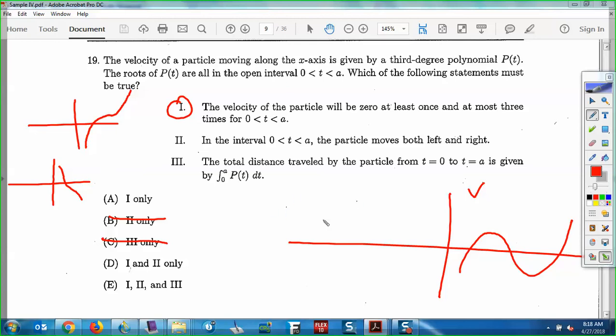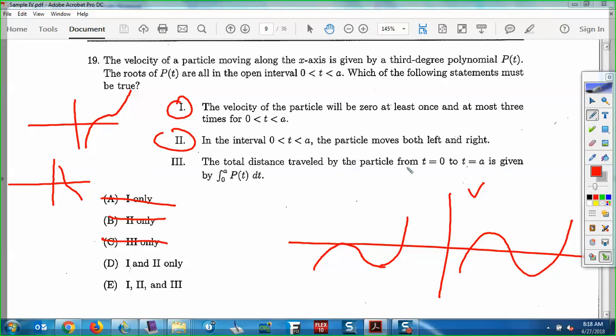No, I don't think it can, right? I mean, even if it just touches, it can't just keep going down. It's got to come up and go through, right? The tail's got to go in the opposite direction, so it's got to cut through. So the velocity's got to be positive at some point, negative at some point. So it's got to move both left and right. Okay, so it's got to have number 2 there.